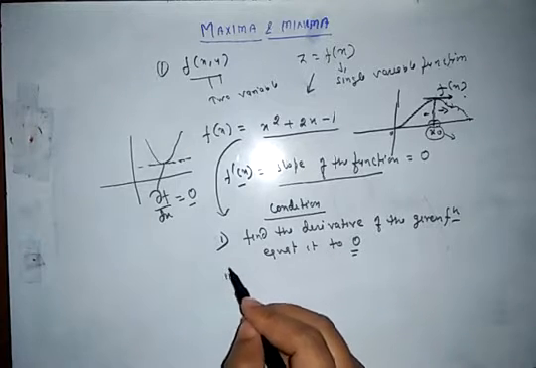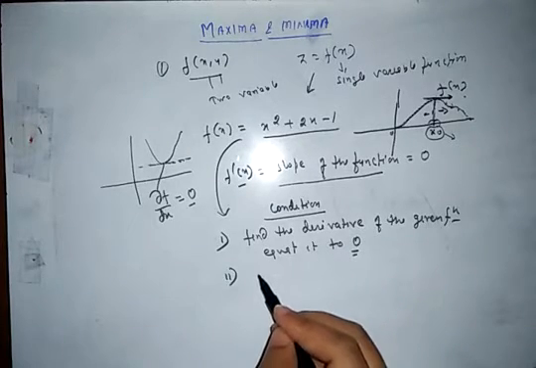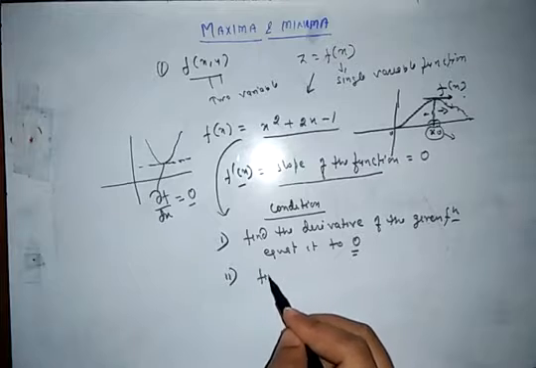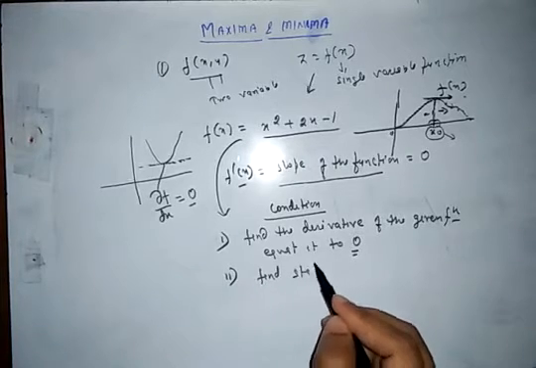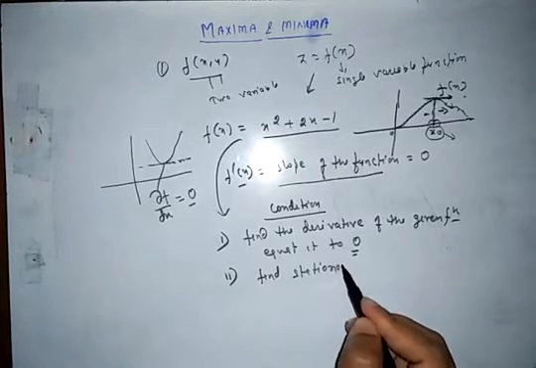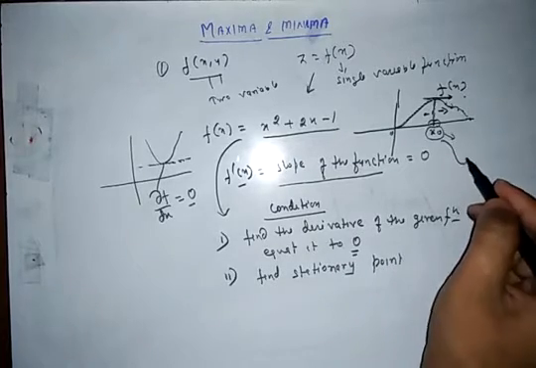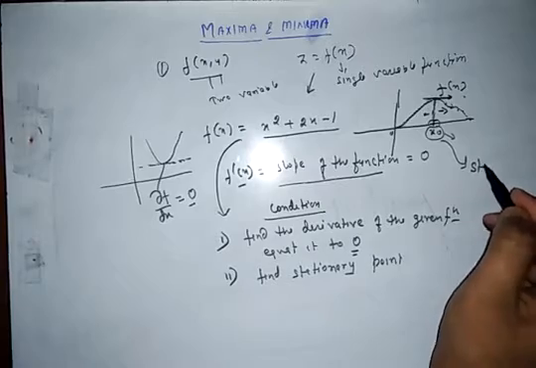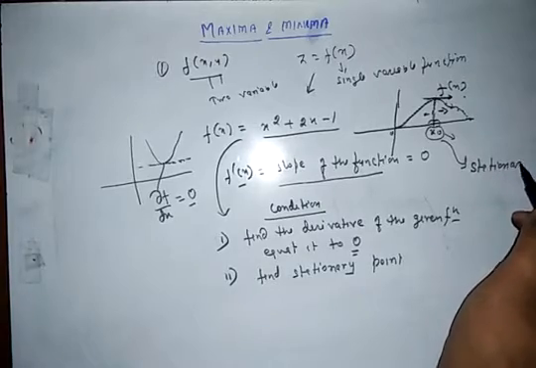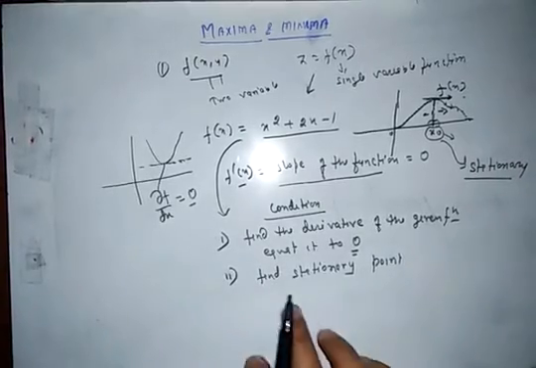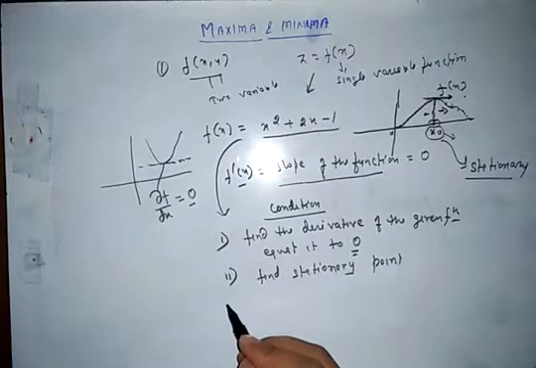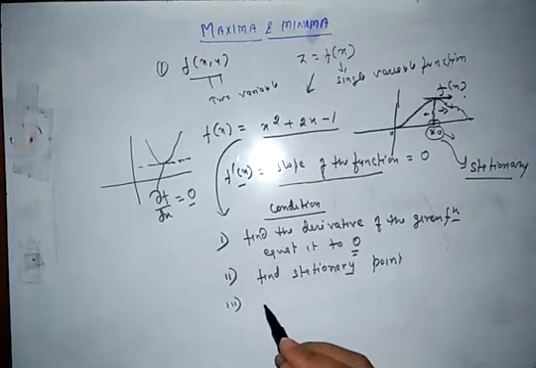Then check the second condition. After equating to 0, you find a stationary point. In this case, x naught is the stationary point. So find the stationary points and check the double differentiation.